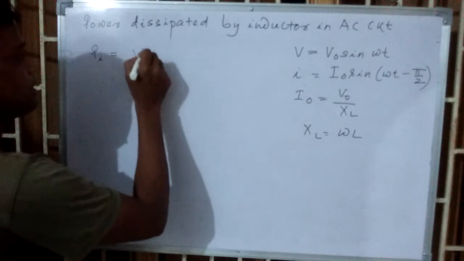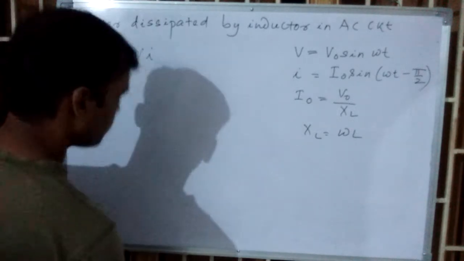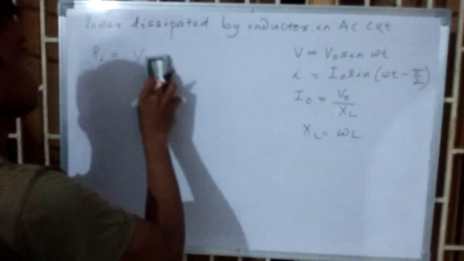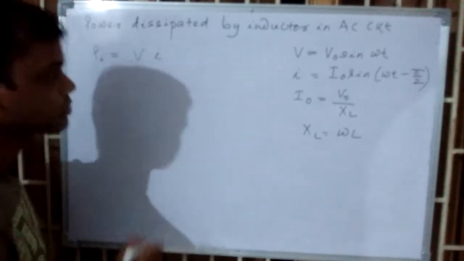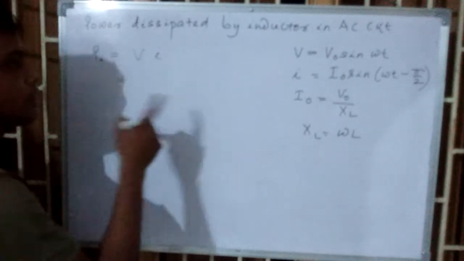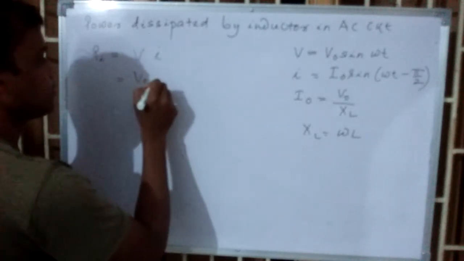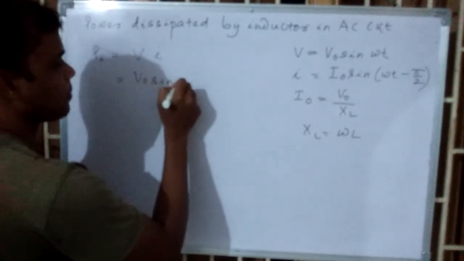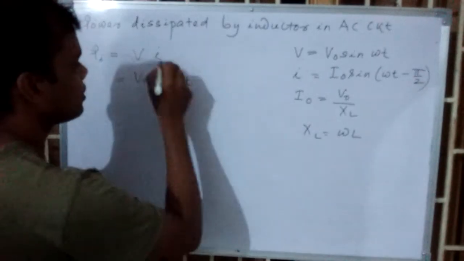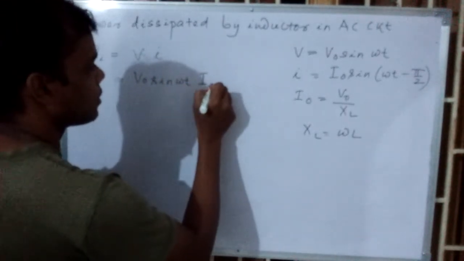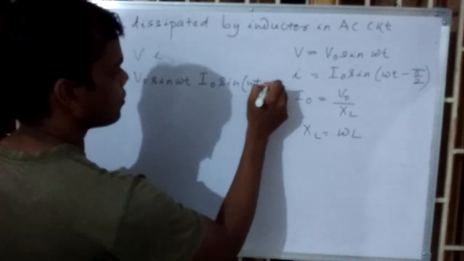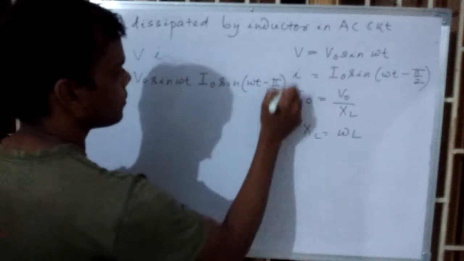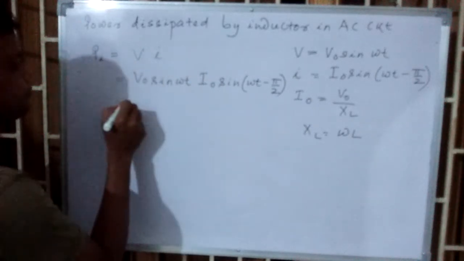It will be simply V into I, that is instantaneous voltage into instantaneous current. V is V naught sin omega t, I is I naught sin omega t minus pi by 2.